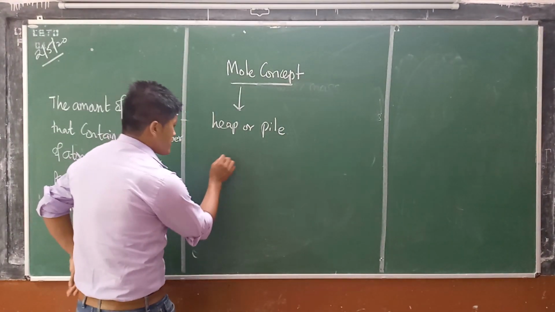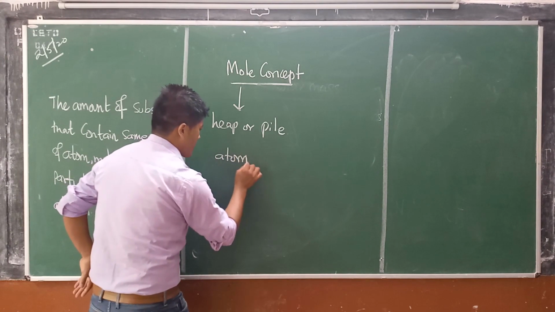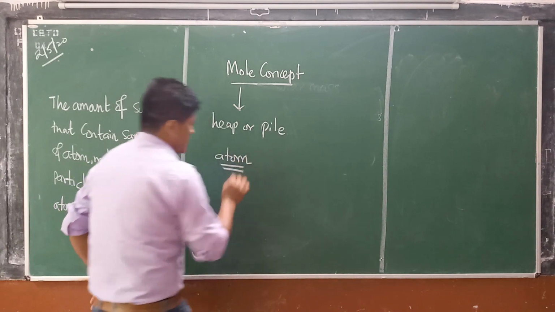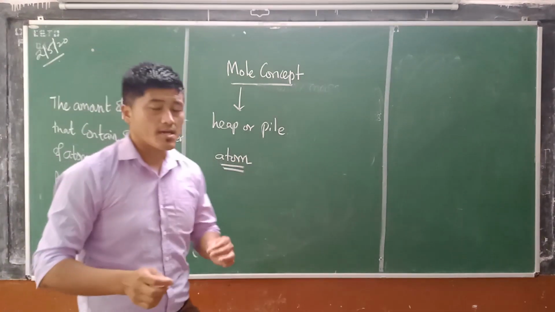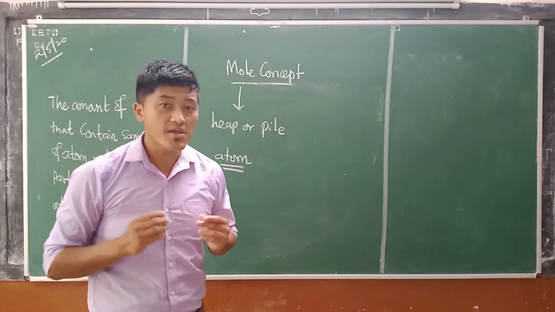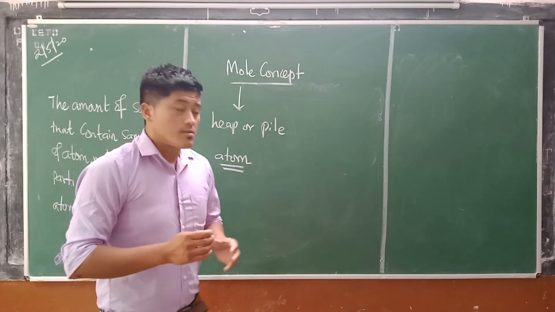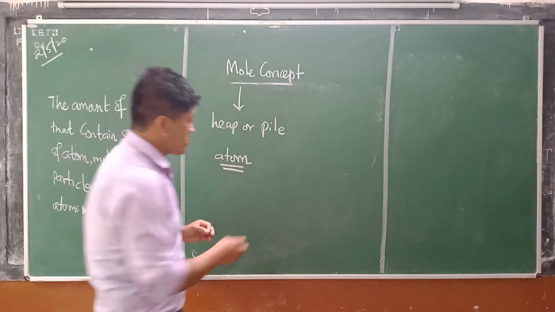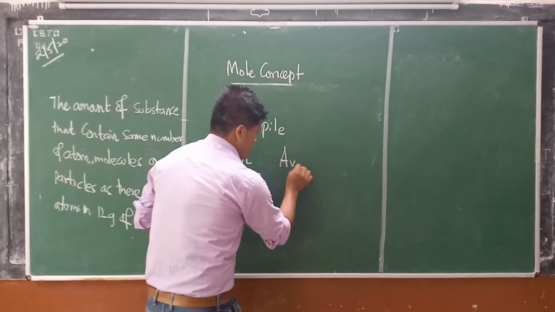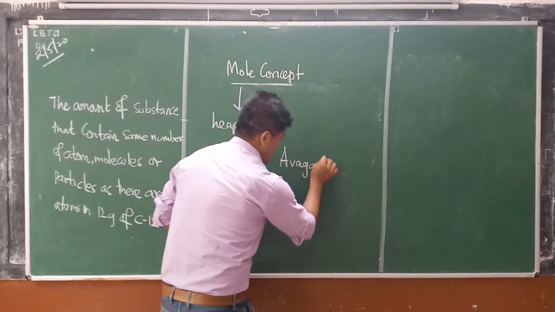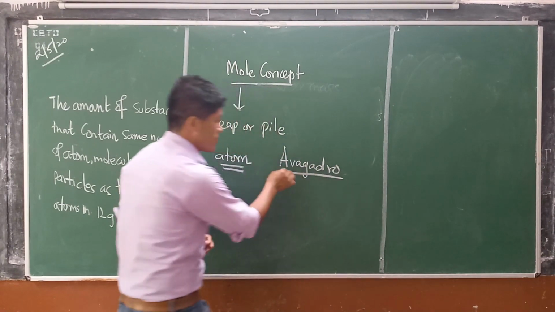So let's say now this is an atom, or let's say molecules, or let's say ionic particles. There is a scientist whose name is Avogadro.